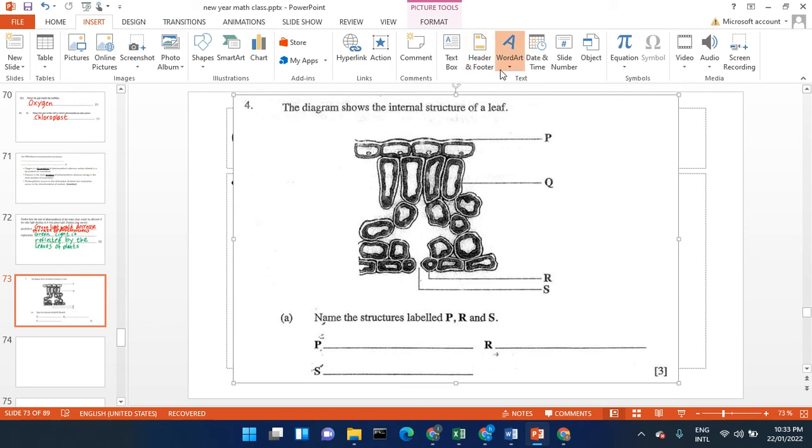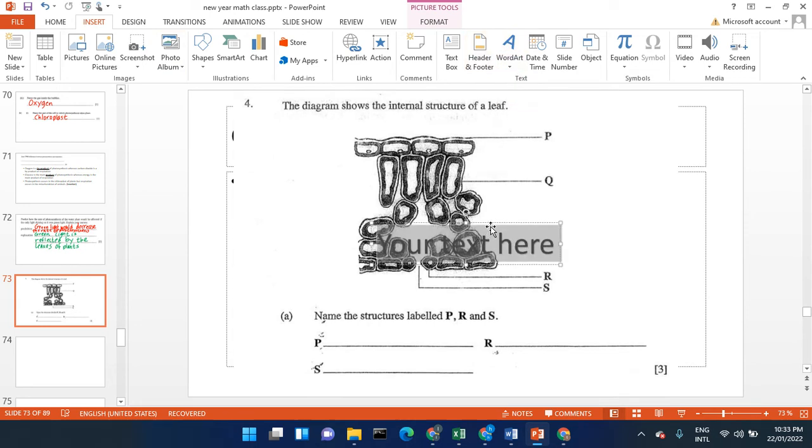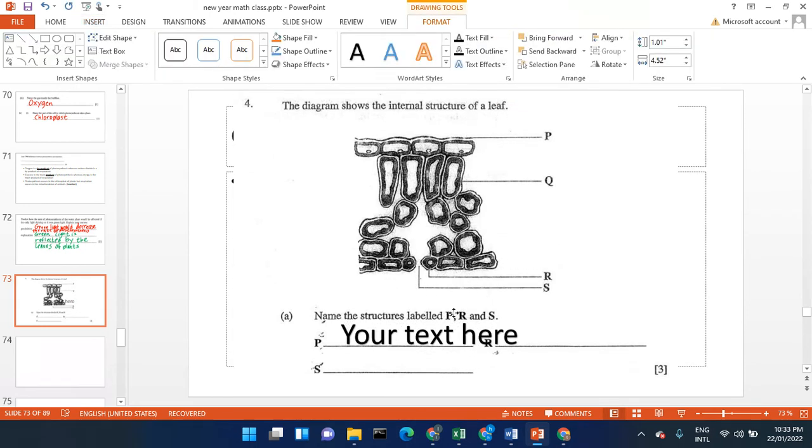So let us begin. The structure labeled P is actually the waxy cuticle. That's the structure labeled P, pointing to the waxy cuticle.